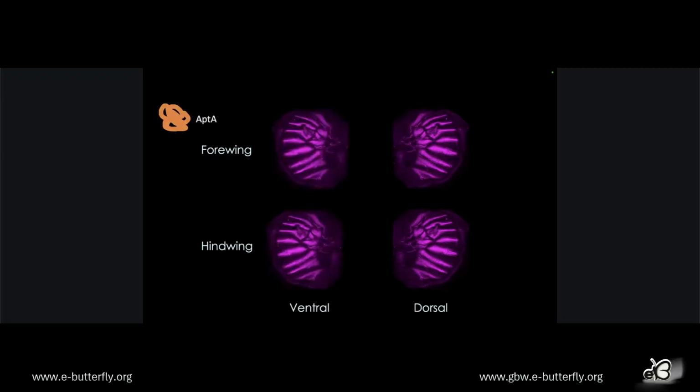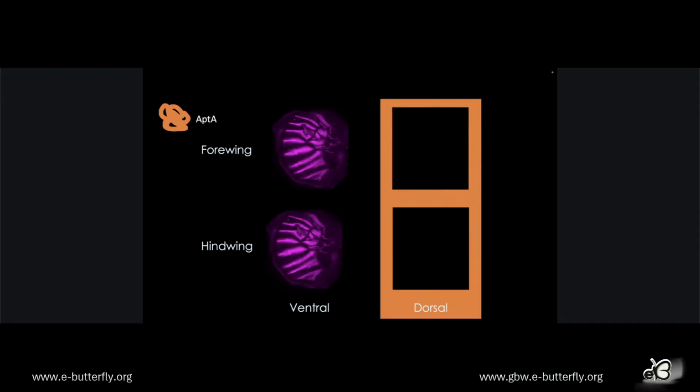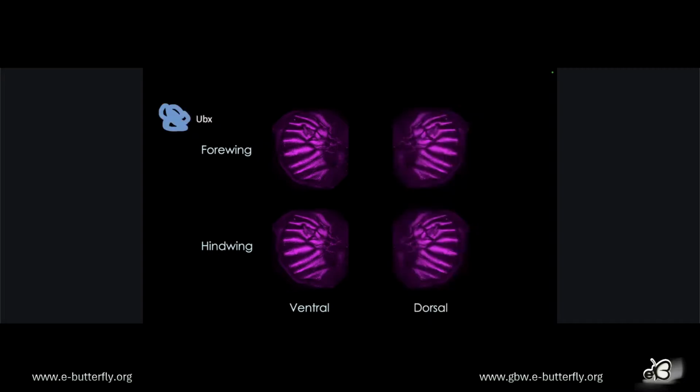If, for instance, the Apterous A protein develops binding sites to this purple gene again, it can repress it in dorsal surfaces where it lives, but not in ventral surfaces. And so you evolve a completely different dorsal wing pattern from your ventral wing pattern by using this protein.